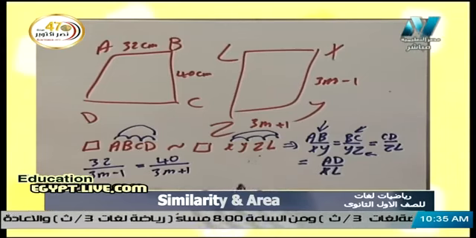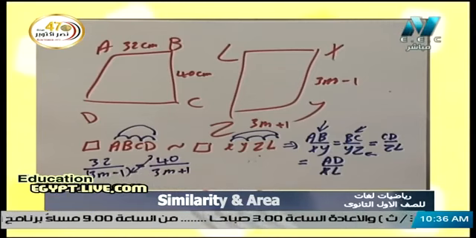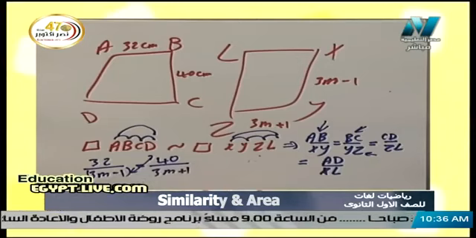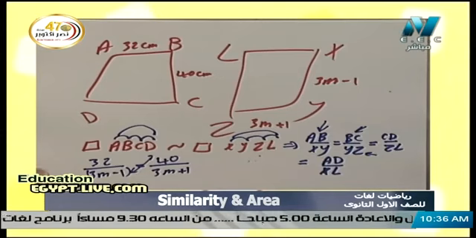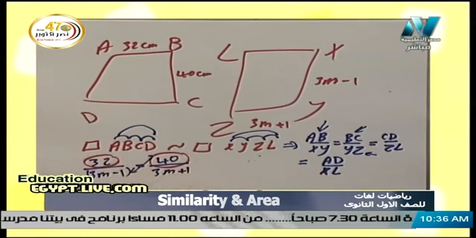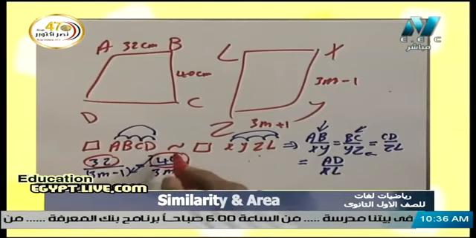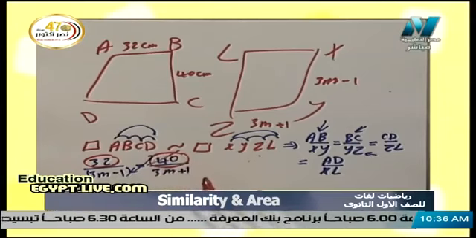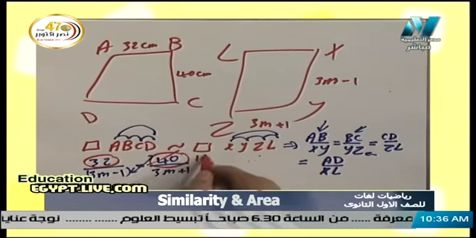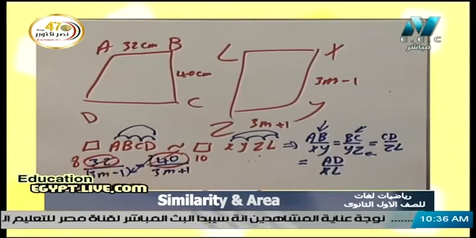And using cross multiplication, we multiply 40 by 3M minus 1. Before multiplying, we can simplify. Here we have 40 and 32, all of them divisible by 4. So we divide this one by 4, it will be equal to 10, and 32 divided by 4 will be 8.